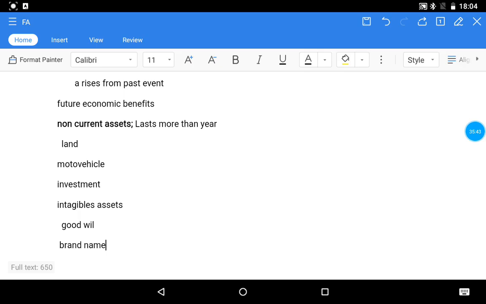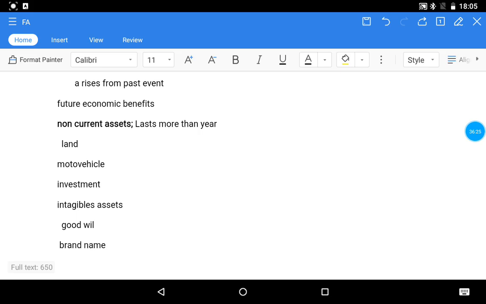Also, someone comes and says I work with this company, and since that company is already known, people give you respect and access to other things. So a brand name is hard to value. You can hear Shell, Total, KFC, but you can't see it or touch it. So those are some of the intangible assets, and they also last more than a year.